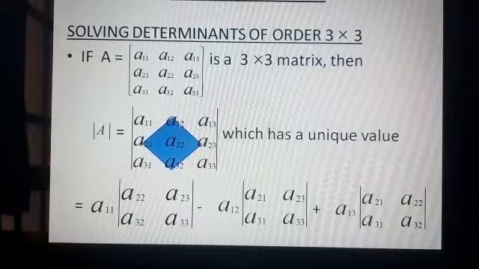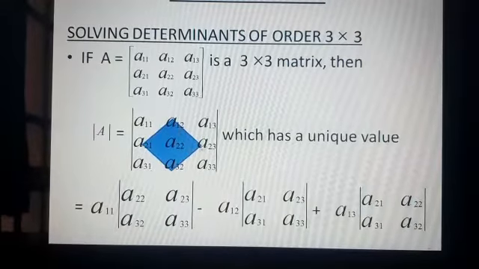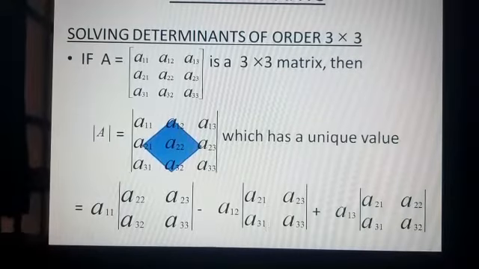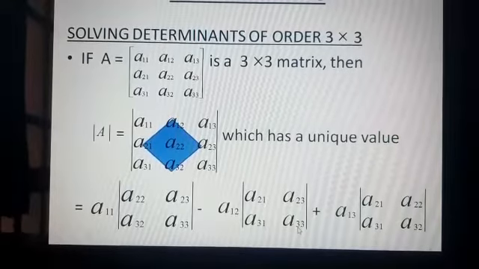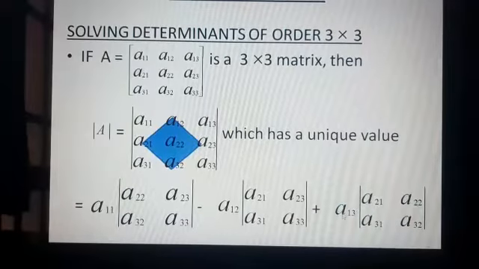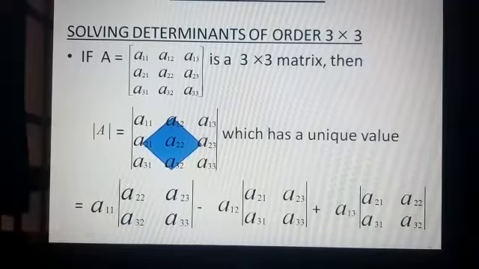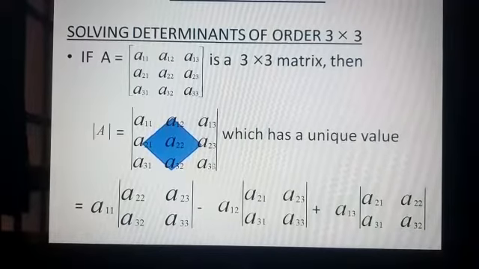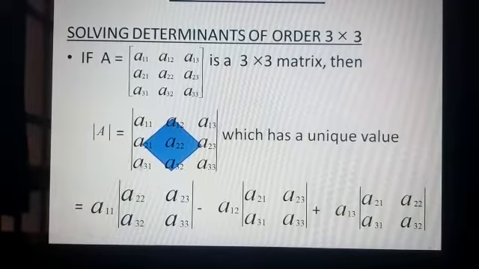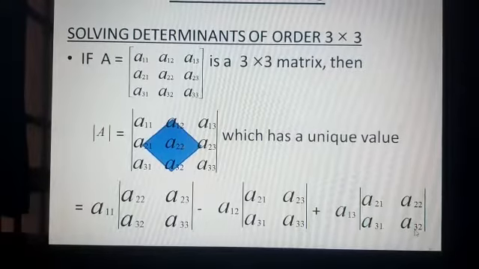Then I will remove the row and column of A12, and what is left is A21, A31, A23, A33. Then the last element, plus A13: we don't have to change the sign of A13. Then again we'll remove the row and column of A13, and what is left is A21, A31, A22, A32.